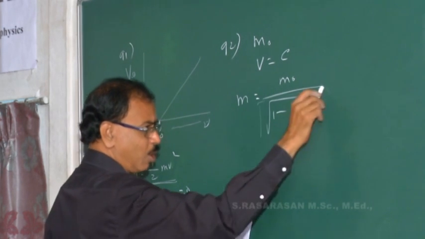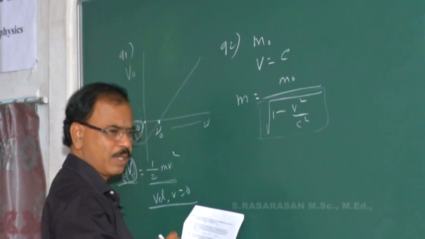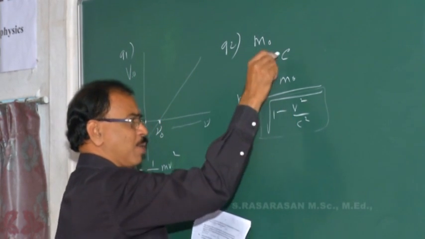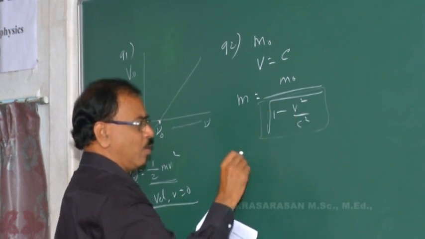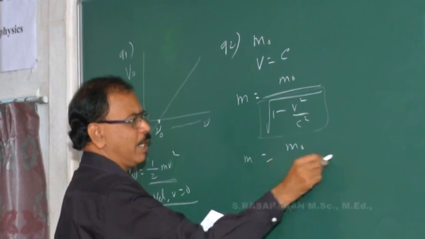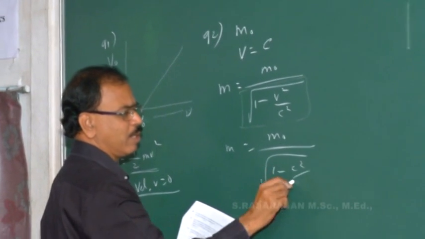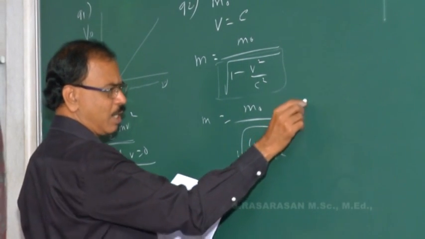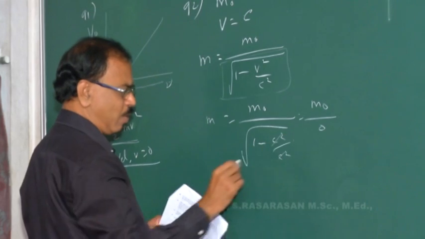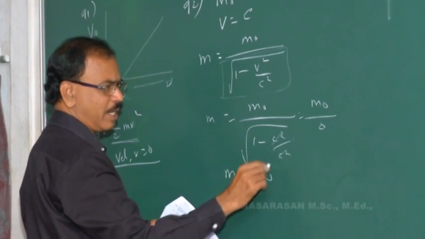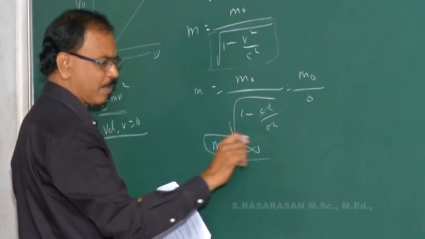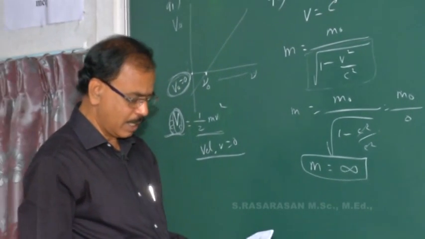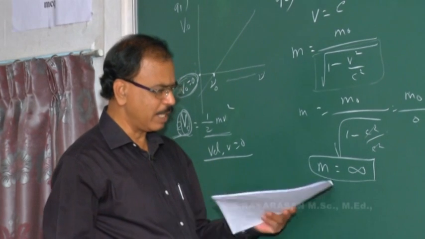This is called the Lorentz factor. Instead of v, we substitute c. m is equal to m naught by root of 1 minus c square by c square. Cancel it: 1 minus 1 is 0. So m is m naught by 0, which is infinity. Anything by 0 is infinity. So the answer to the question is that its mass becomes infinity.